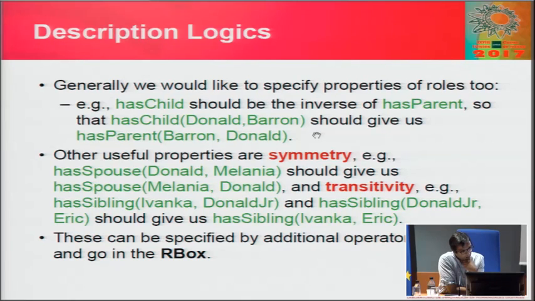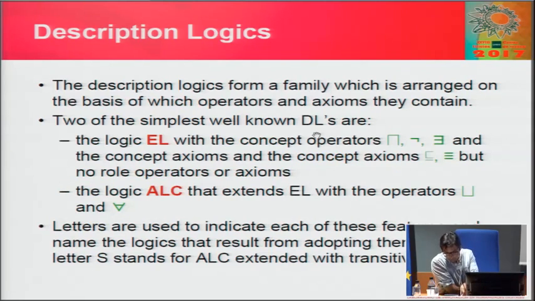So if we have the assertion in our A box that Ivanka has Donald Jr. as sibling, and Donald Jr. has Eric as sibling, then we want to derive the assertion that Ivanka has Eric as a sibling. These properties of roles can all be specified using additional operators, and these all go in the R box.